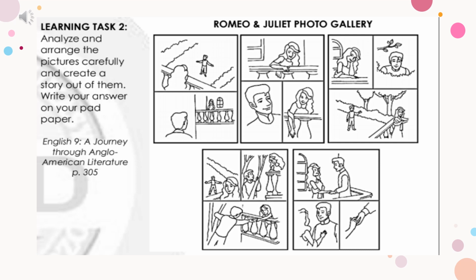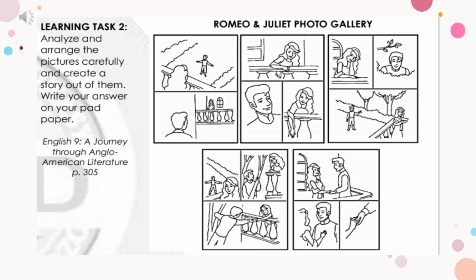Knowing that Juliet was dead, he drank the poison and died instantly. After a while, Juliet woke up and she noticed that Romeo was already dead at her side, so she decided also to kill herself. That's why it's the tragedy of Romeo and Juliet.